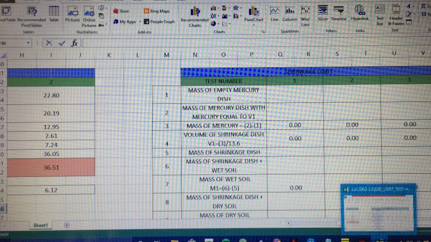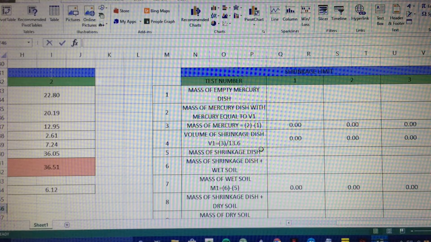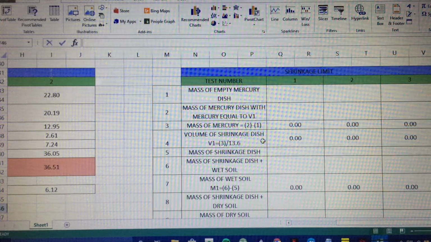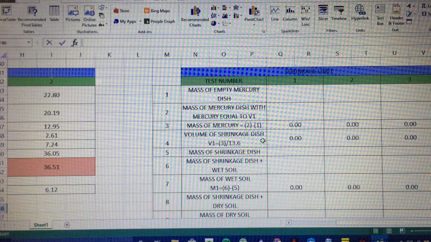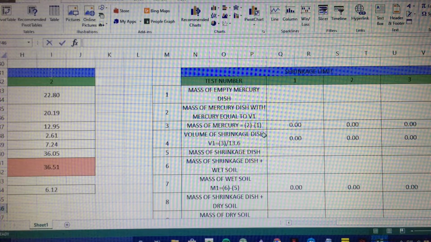Again, yung formula ng shrinkage limit is the mass of wet soil minus the mass of dry soil minus the volume of wet soil minus volume of dry soil times the density of water over the mass of dry soil. So, basically, dapat meron siyang apat na given: the mass of wet soil, mass of dry soil, volume of wet soil, and volume of dry soil.